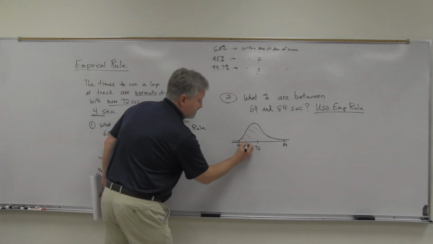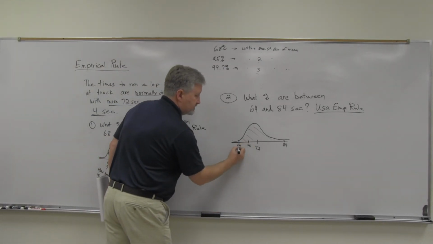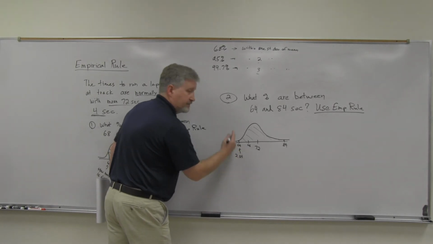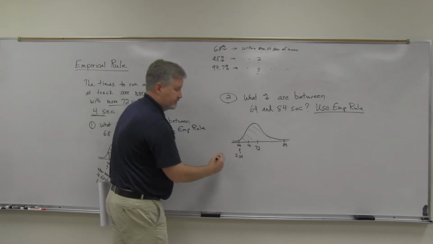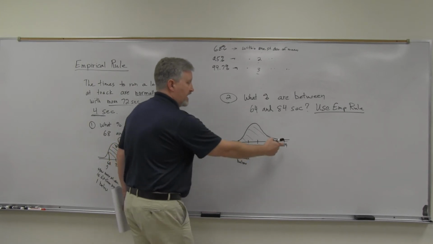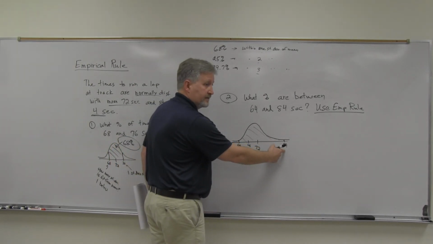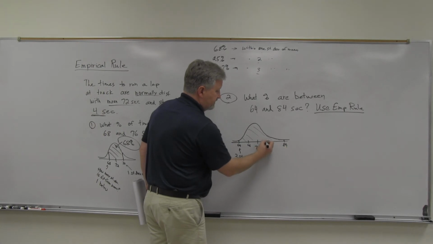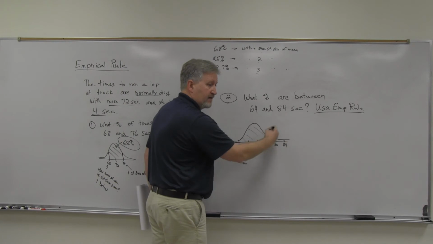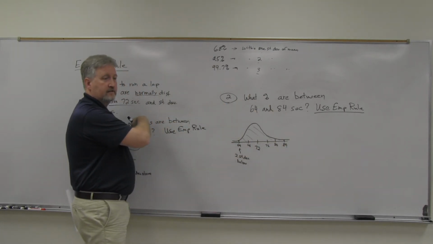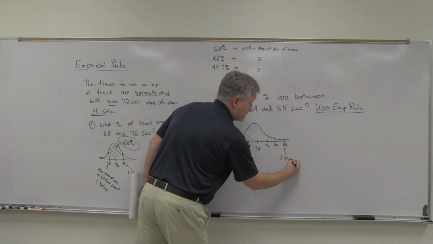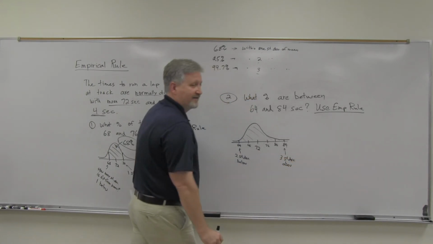So if I go 1 standard deviation, I'm at 68. 64 would be 2 standard deviations below, because I'd have to go 2 4s. On the other hand, 84, is it 2? No, because to get to 84 from 72, you go to 76, and then 80, and then 84. I'm just stepping by 4 because that's the standard deviation. So it's 3 above. Uh-oh.